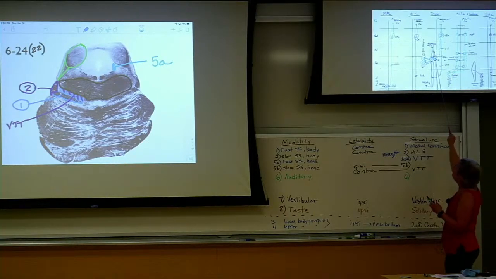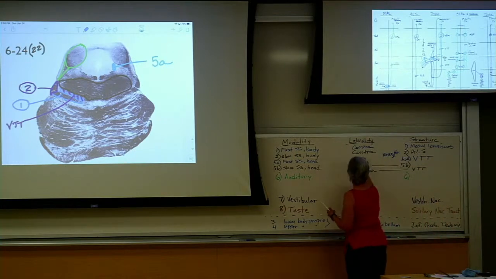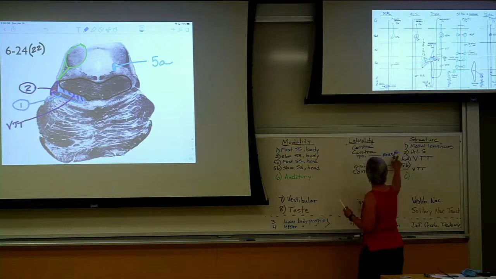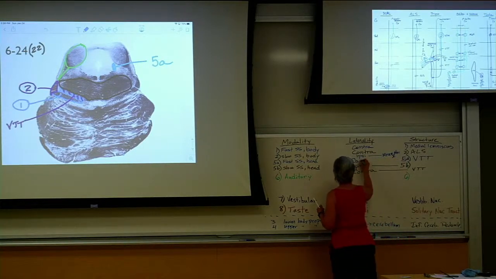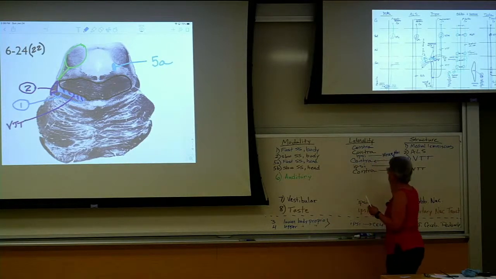So because these are the cell bodies of primary sensory afferents, do primary sensory afferents ever cross the midline? No, they do not. So that is bringing information in from the ipsilateral head. So ipsilateral for mesencephalic nucleus, but contralateral for VTT.